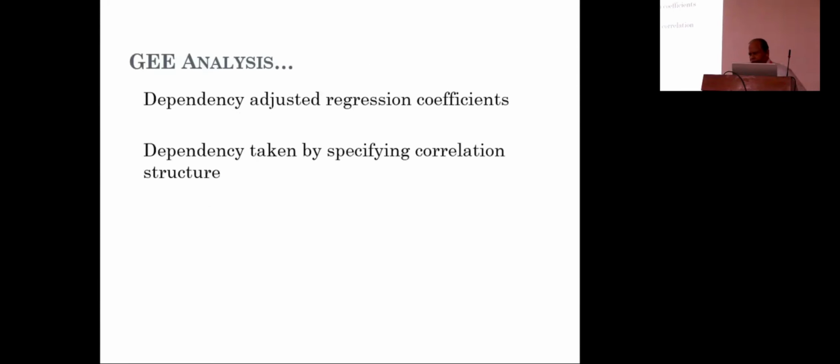So let's see this. What is the clustering concept which can go on in a GEE analysis when the outcome is binary, yes or no? In sports, if I get injured, for an example, in my knee, I am more likely to get injured in the next match and so on and so forth. So one injury is likely to cause more injuries later on. Therefore, my observations are clustered.